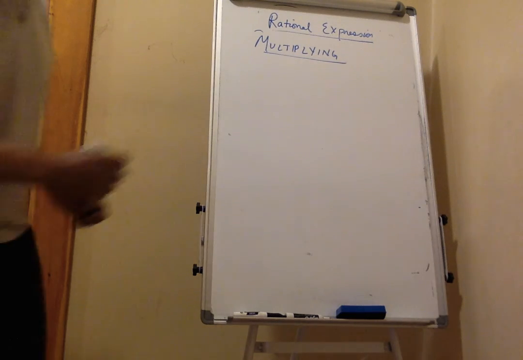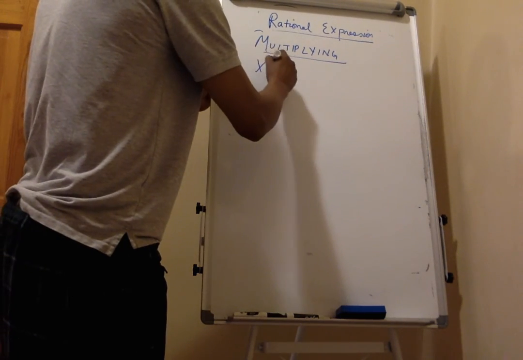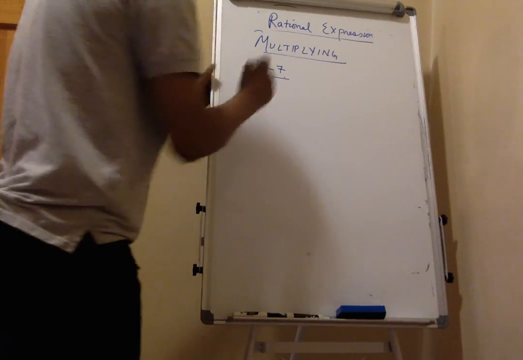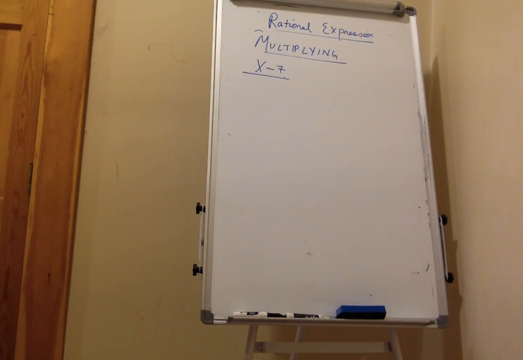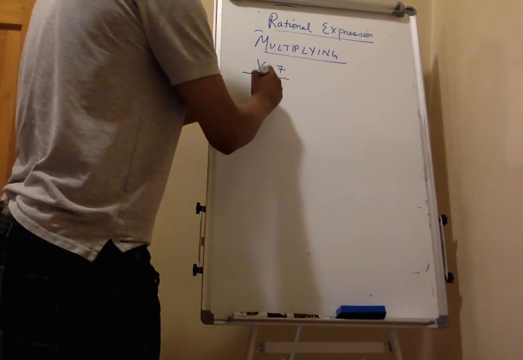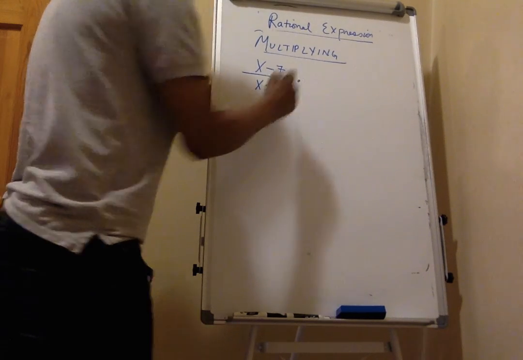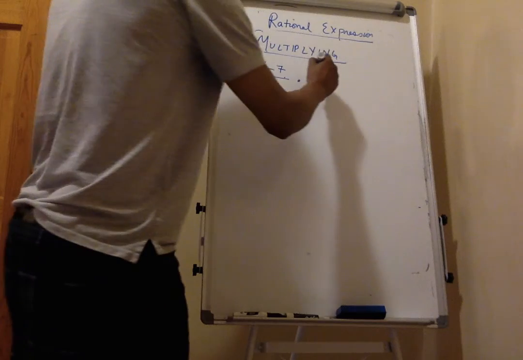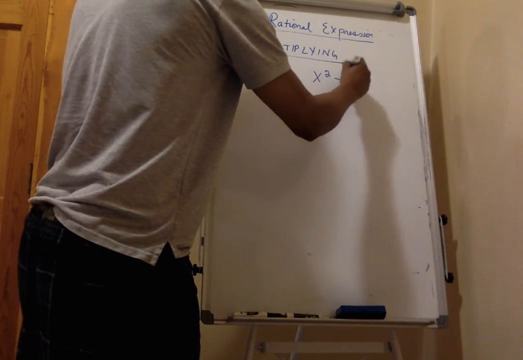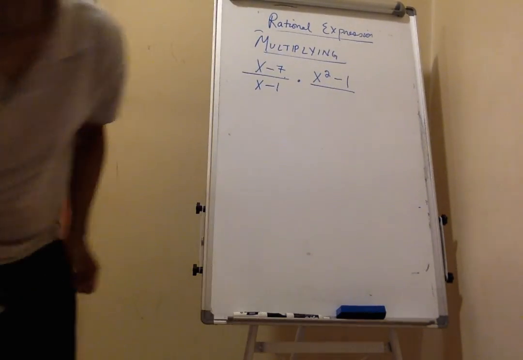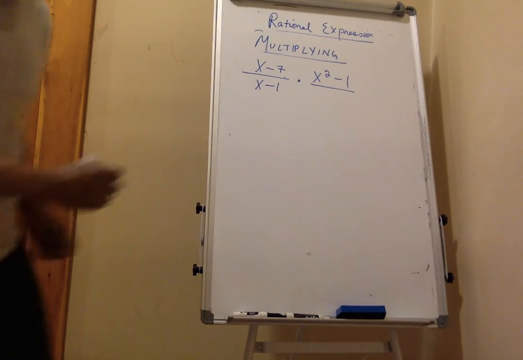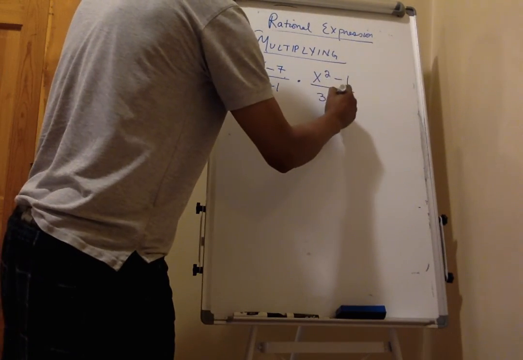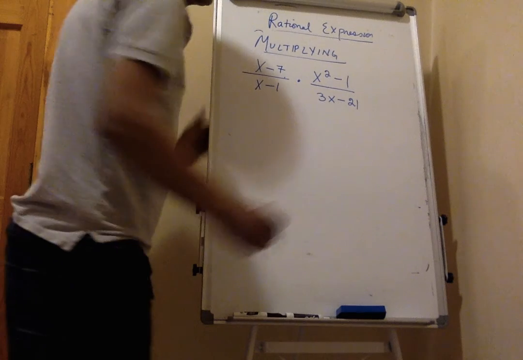So you have x minus 7 over x minus 1 times x squared minus 1 over 3x minus 21. Suppose you are asked to simplify this.